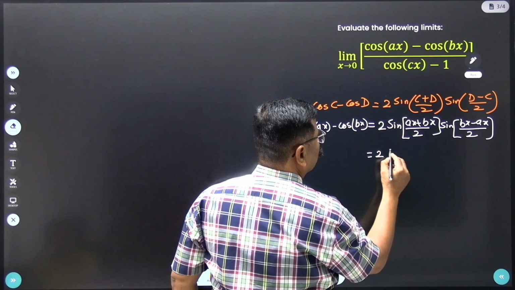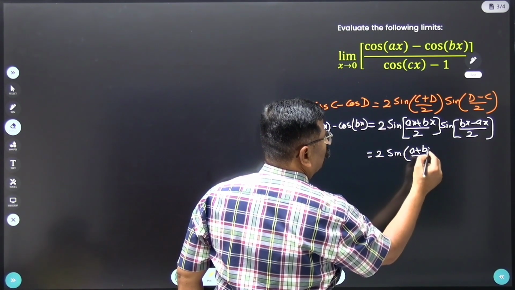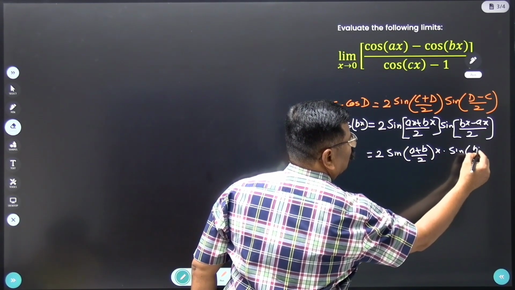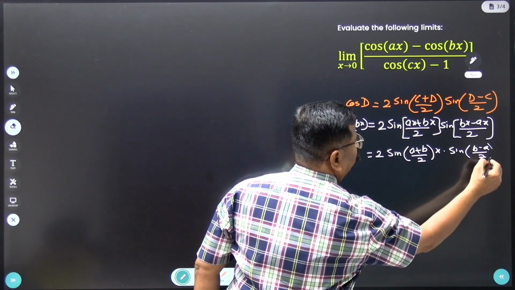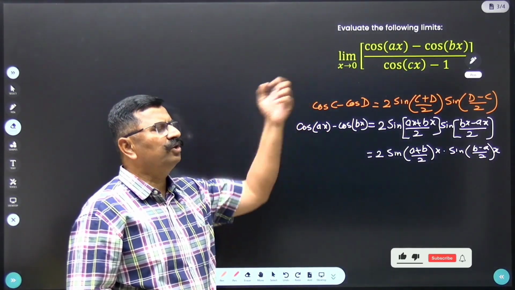So this will be 2 sin((a plus b)/2 into x) into sin((b minus a)/2 into x). So this is a simplified version of the numerator.